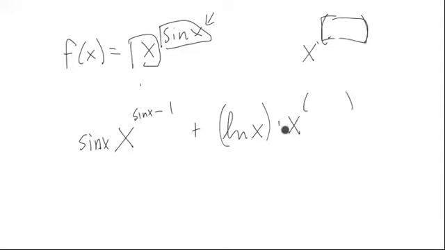So that would be like the derivative, right? But then we have to multiply on by what the derivative of sine is, which is cosine. And what went up here was what we were plugging into this, which was just sine x. Now there's the derivative when we add the two together.